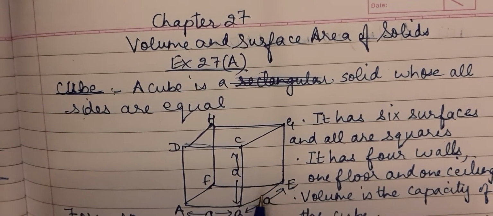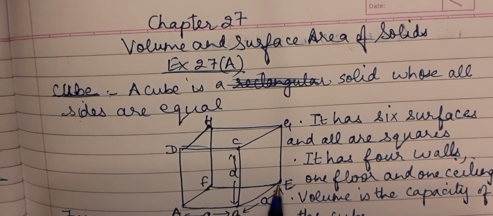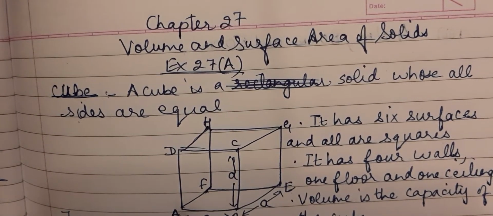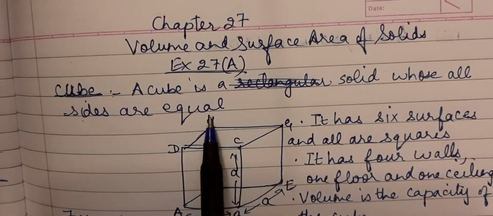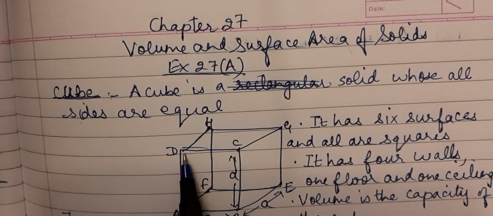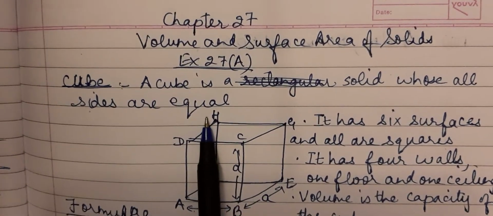In the same way, you have one square on the bottom, which we call the area of floor, ABEF, and one surface on the top, which we call the ceiling, and it is DCGH.